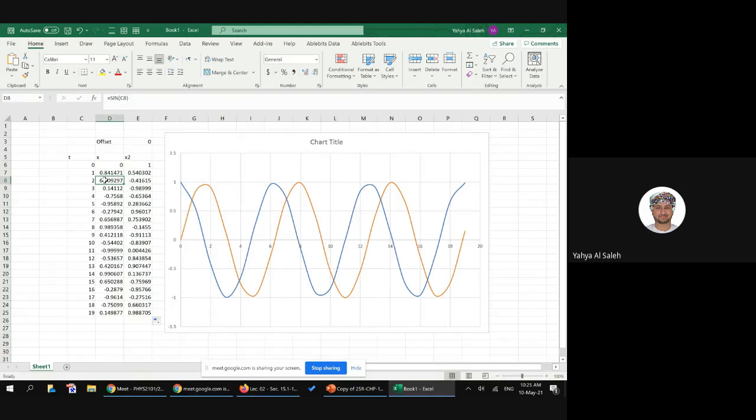This is what a sine and cosine look like. If I draw a sine on top of a cosine, الساين هو الأحمر، الكوساين هو الأزرق. You see, it's the exact same function لكن there's an offset between them. متدفرين عن بعضهم البعض. That offset is pi over 2, 90 degrees.